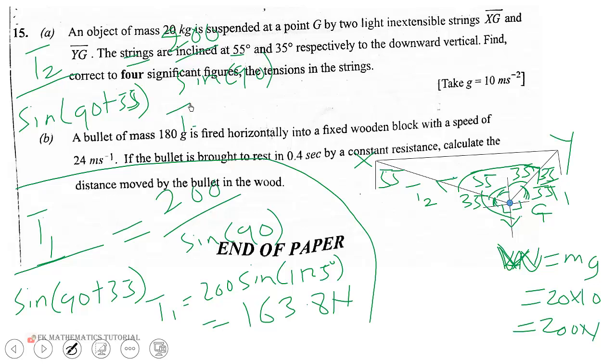So T2 will be equal to 200 over 1, which is 200 times sine 145. So this one will give us 114.7 newtons. So these are the tensions in the strings to 4 significant figures.